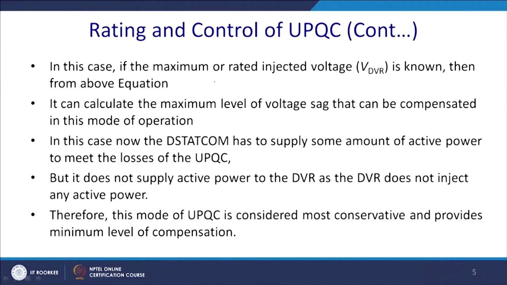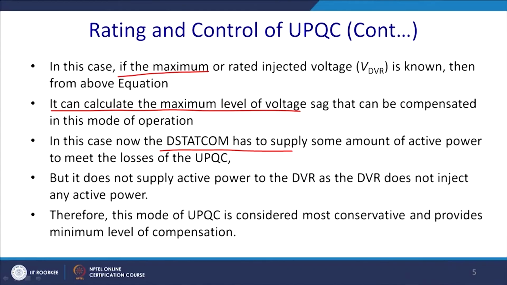In this case, if the maximum or rated injected voltage of a DVR is known, then from the above equation the amount of sag it can compensate can be calculated. That is, we can calculate the maximum level of voltage sag that can be compensated by this mode of operation.